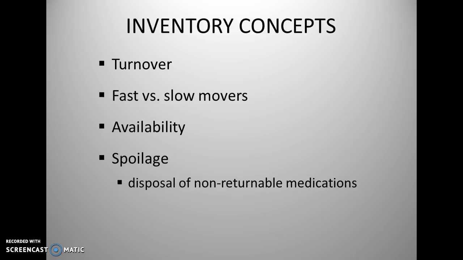One of the concepts that should be noted is something called turnover. What is turnover? The turnover rate is the number of days it takes to use the complete stock of an item. Some of the things that are looked at when you talk about turnover are quality and spoilage issues, and then of course the financial consideration.